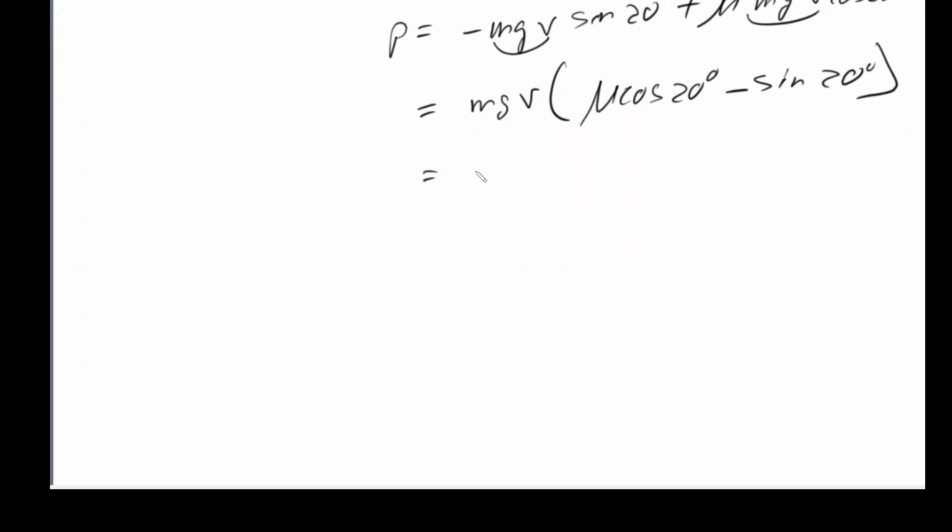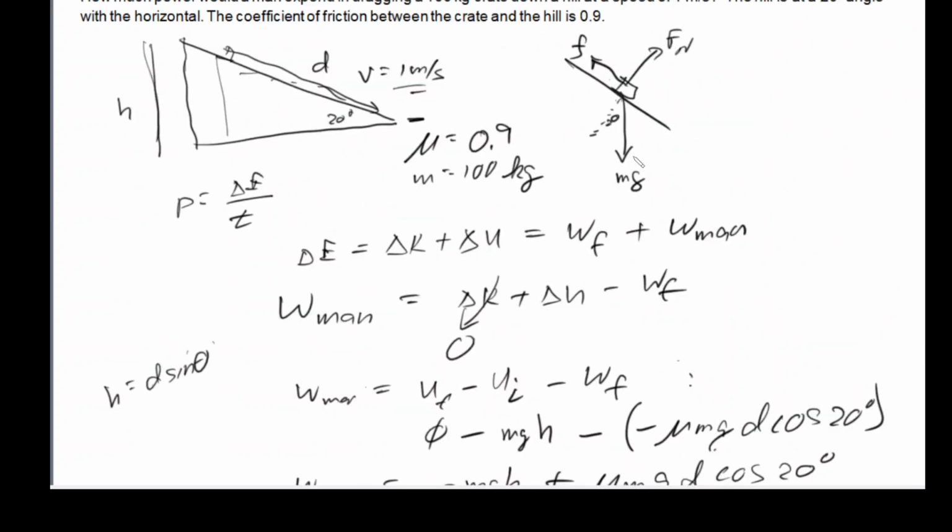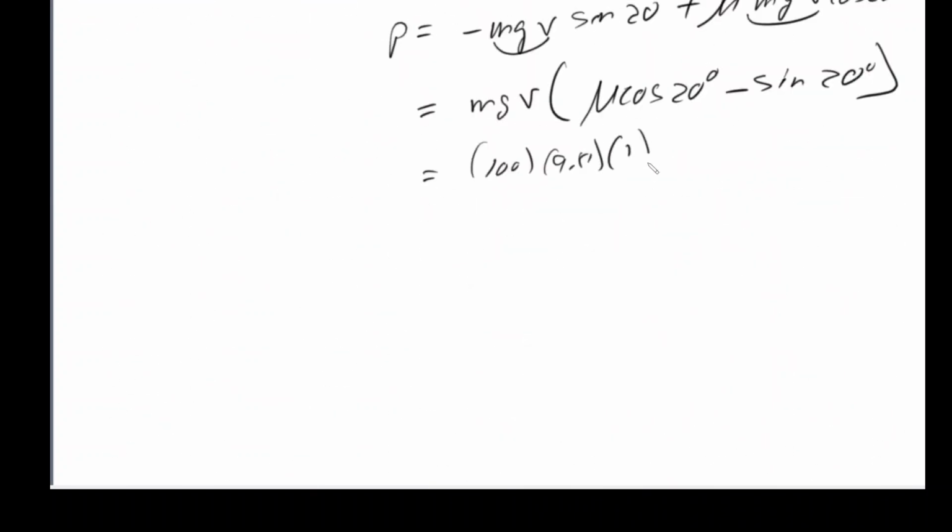So that's equal to 100 times 9.81 times the velocity, which is 1 meter per second, times 0.9 times the cosine of 20 is 0.94 minus the sine of 20 is 0.34.